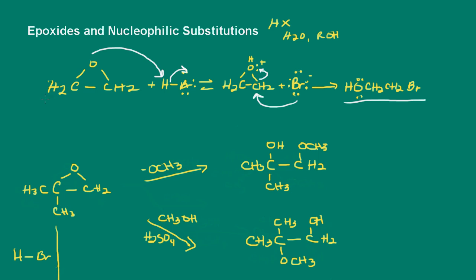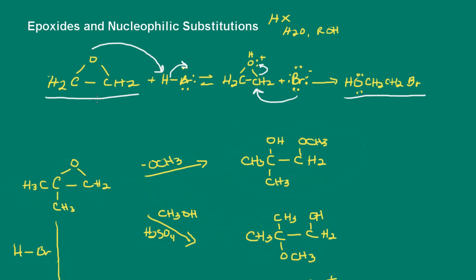Now, in this case here, we have a symmetrical epoxide, so both carbons are equivalent, okay? And so this is very straightforward as to the product that we're going to get. Notice that we have an OH group on one carbon and the nucleophile, in this case the bromine, bonded to the other carbon.